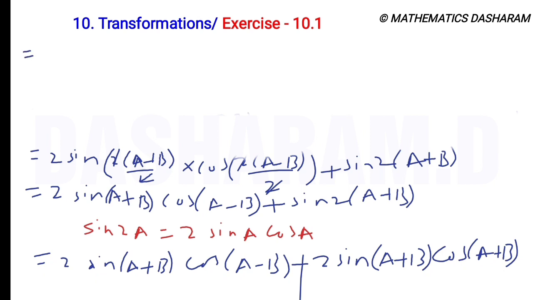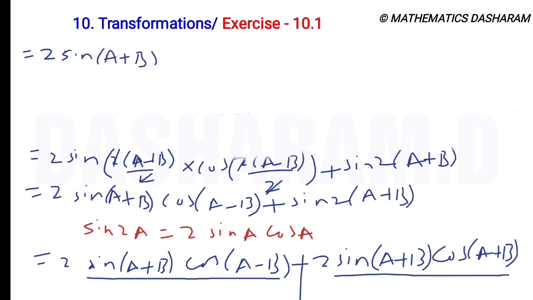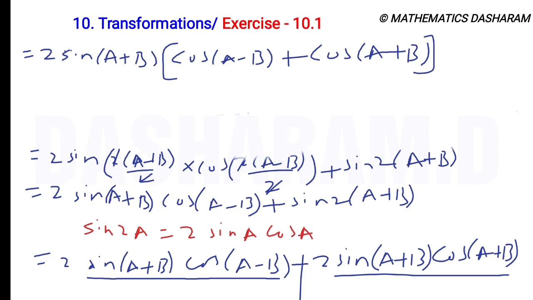So now we have two terms, here is the first, here is the second. From this we can take 2 sin(A plus B) common. So 2 sin(A plus B). Now take the bracket; the remaining term is cos(A minus B) plus cos(A plus B).